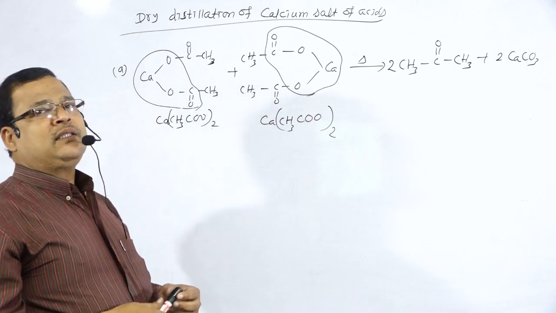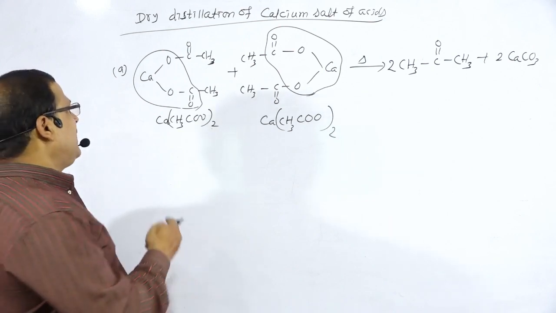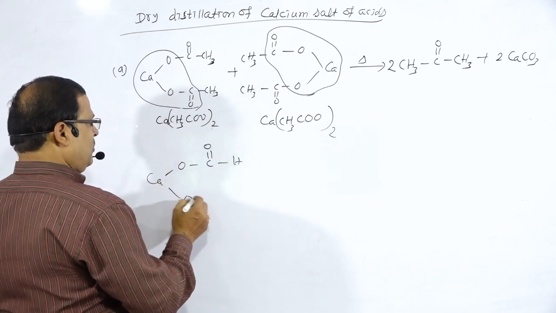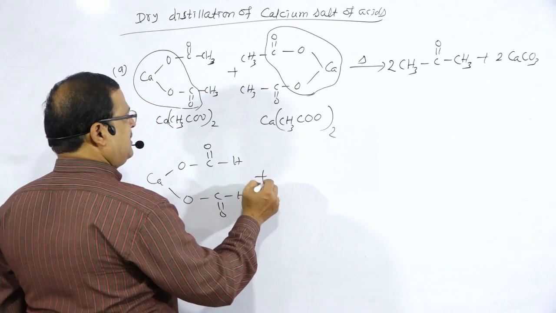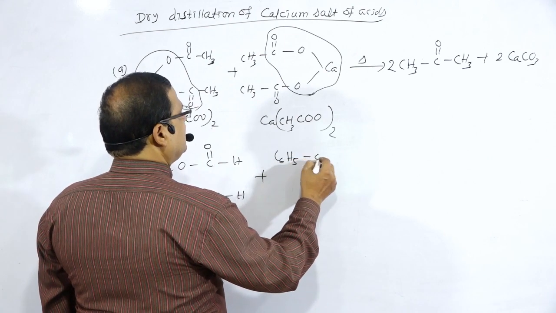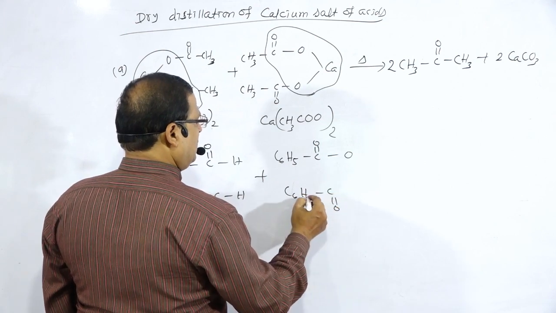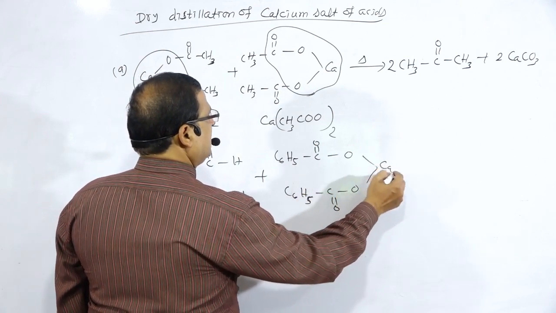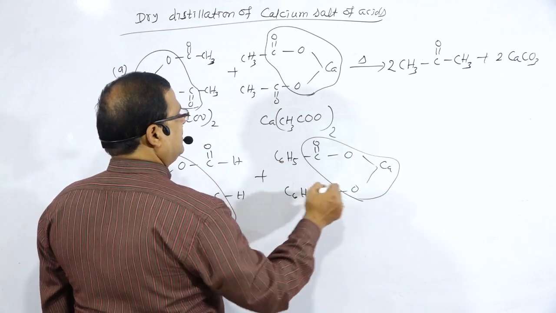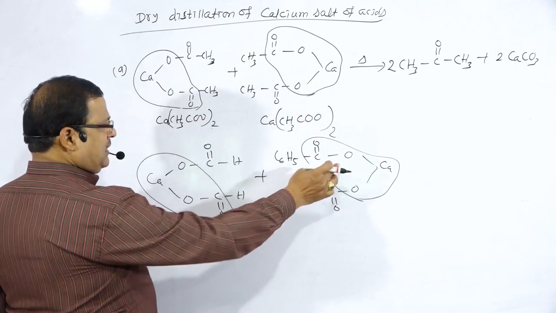If calcium formate is heated with calcium benzoate, then what is the product? Benzaldehyde. For example, calcium formate (HCOO)2Ca is heated with calcium benzoate (C6H5COO)2Ca.